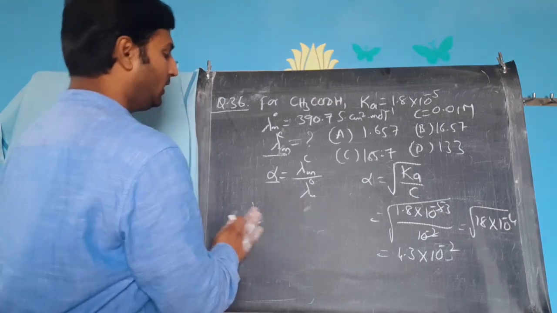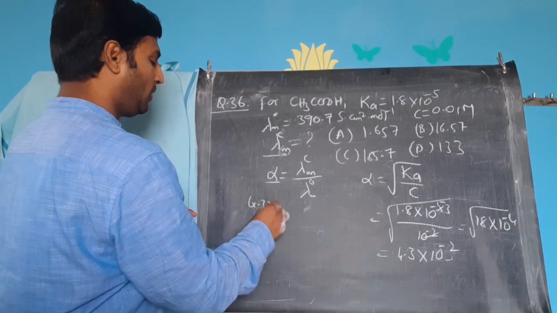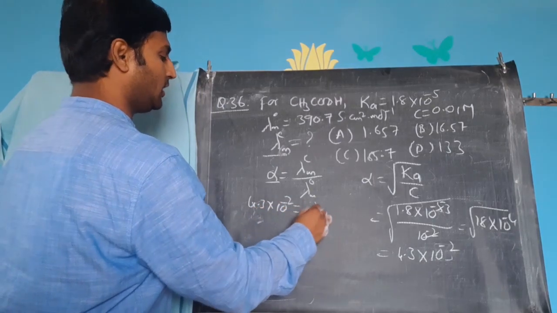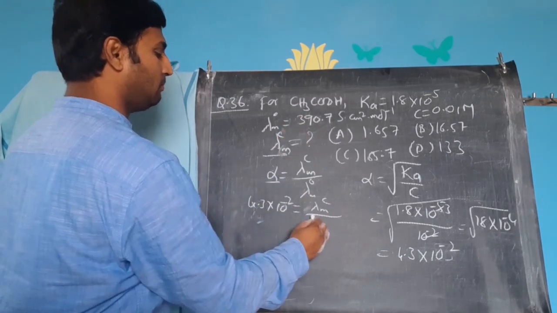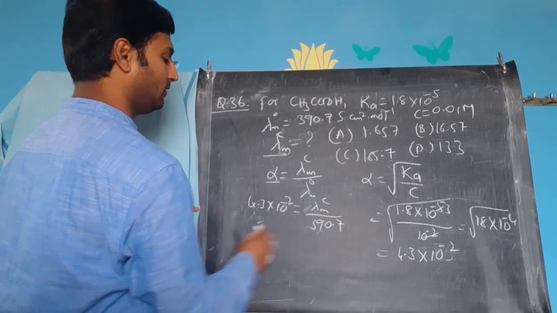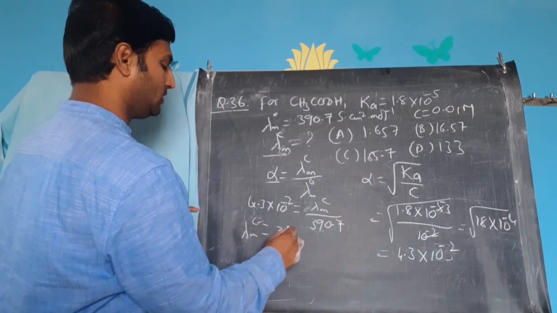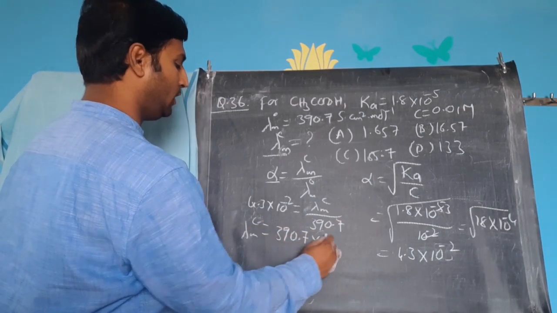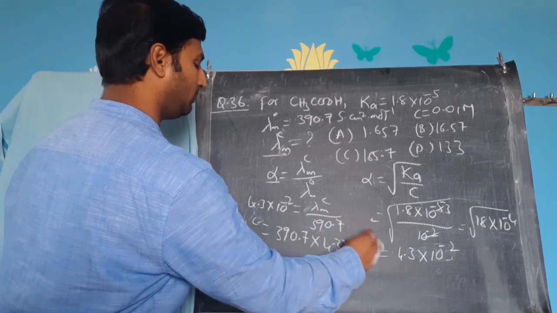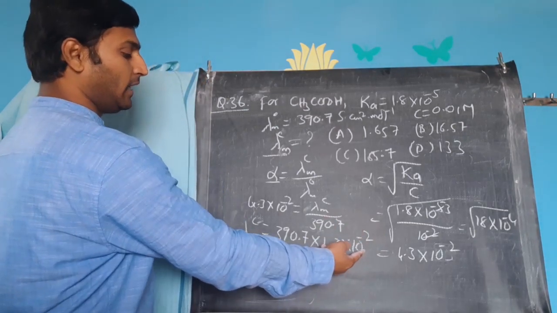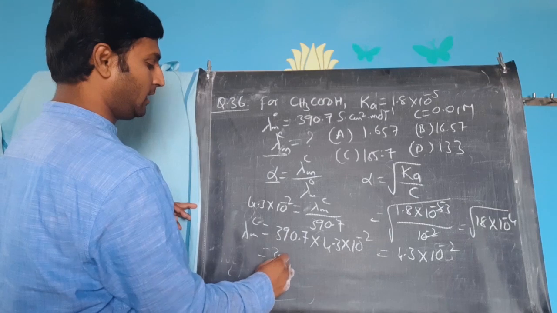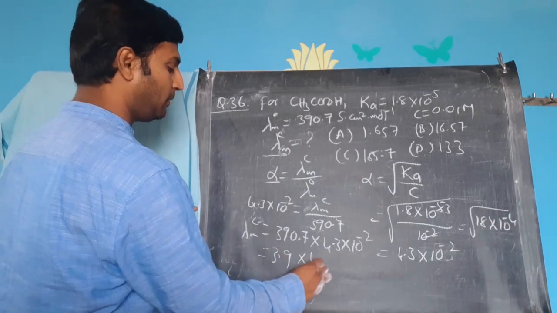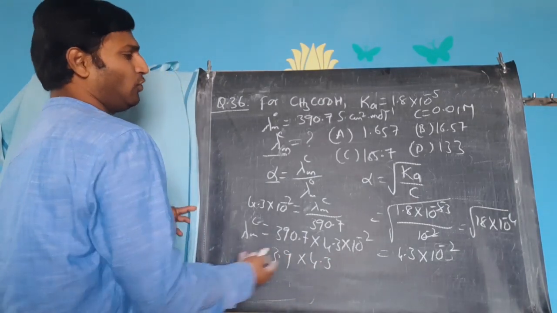Okay, now coming here. 4.3 into 10 power minus 2 is equal to lambda m c by 390.7. Then lambda m c is equal to 390.7 into 4.3 into 10 power minus 2. 10 power minus 2, if I multiply here, it will become 3.9. 3.9 into 4.3, 4 into 4, 16.